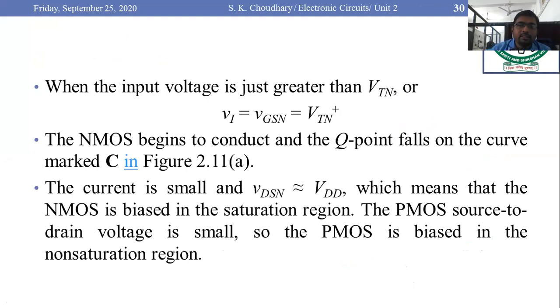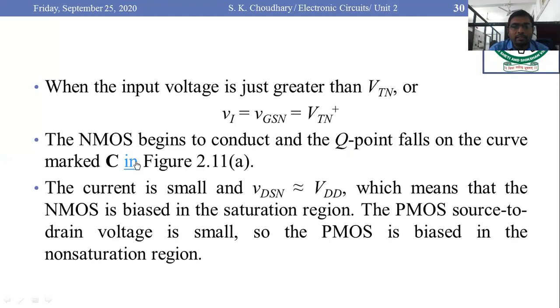In this condition, the input voltage VI is equal to VGSN, the gate to source voltage of the NMOS, that is VTN plus a little bit, greater than the threshold voltage of the NMOS. Then the NMOS would be turned on and your inverter would start to operate. The NMOS begins to conduct and the Q point falls on the curve.